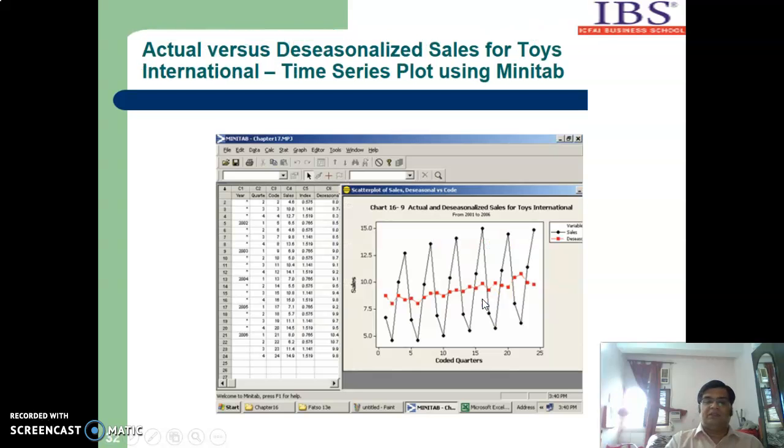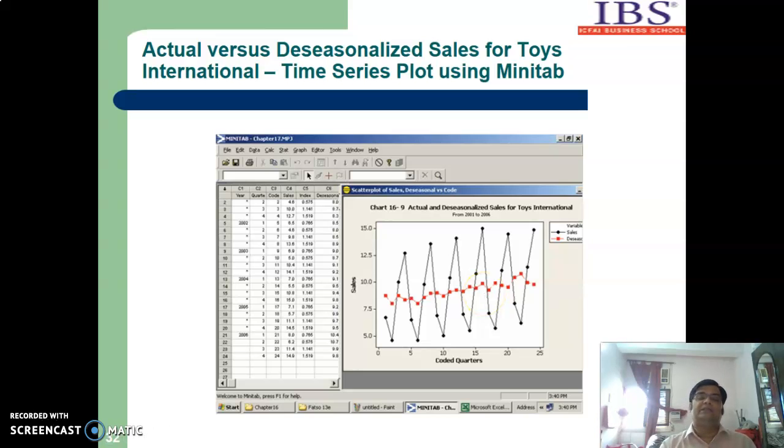Now, if we plot these two data, you will understand what our effect is. This blue line was our original data, which had so much sales fluctuation. But this red data is our smoothened data with the help of moving average, ratio to moving average, and you can see that this is very smooth data where the seasonality has been eliminated.